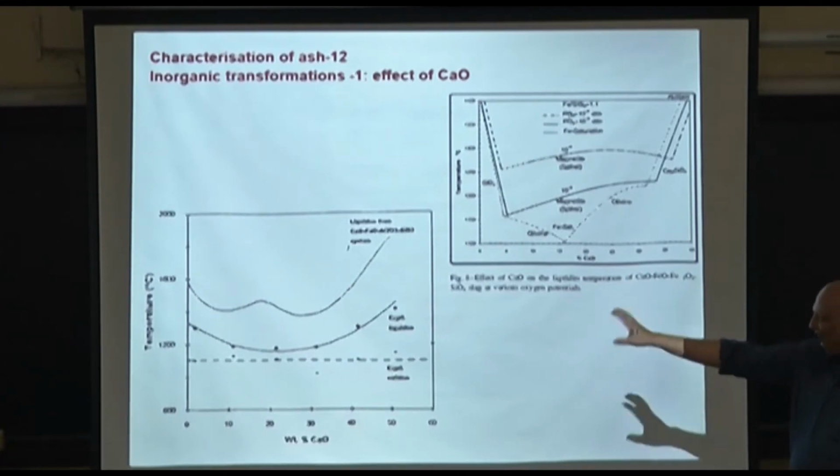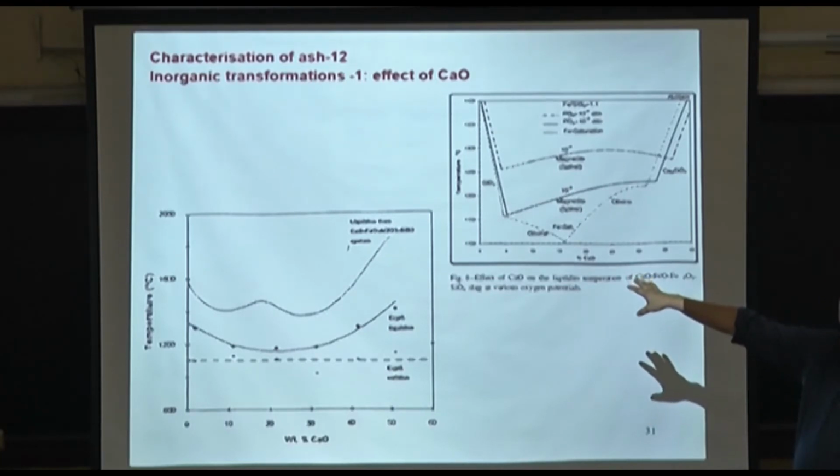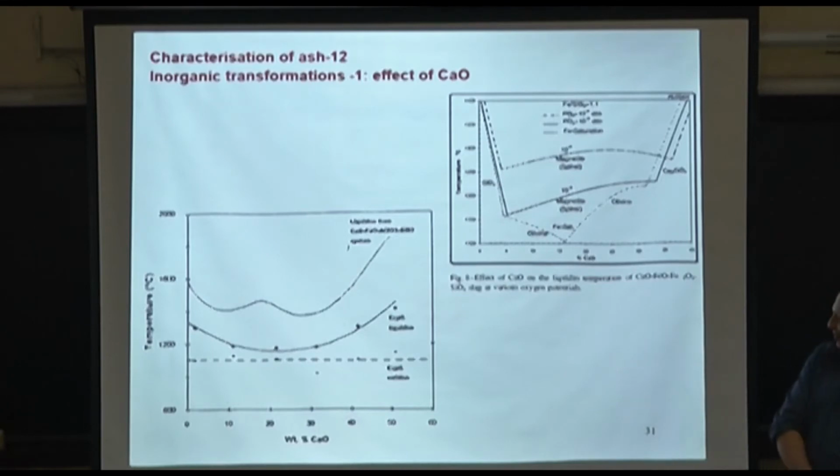So this is a very simple one. The top curve is for a 4-component system. The bottom one, I'm not sure, I'll have to check what other components are there.